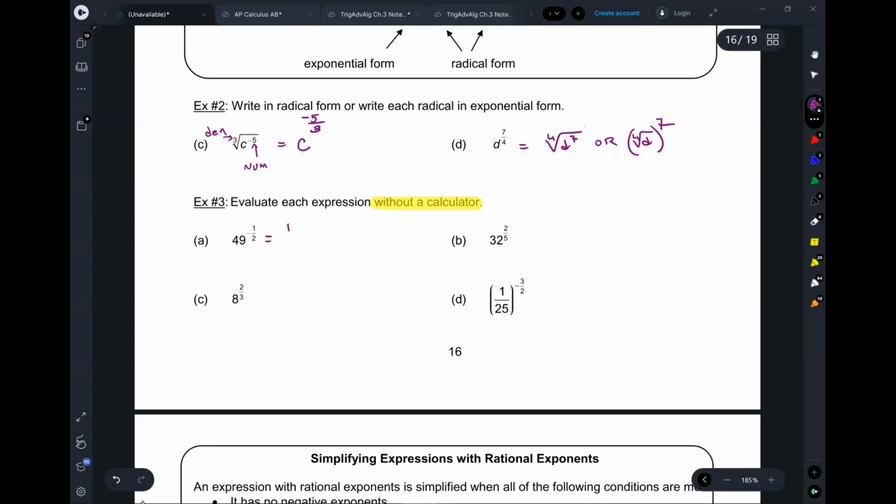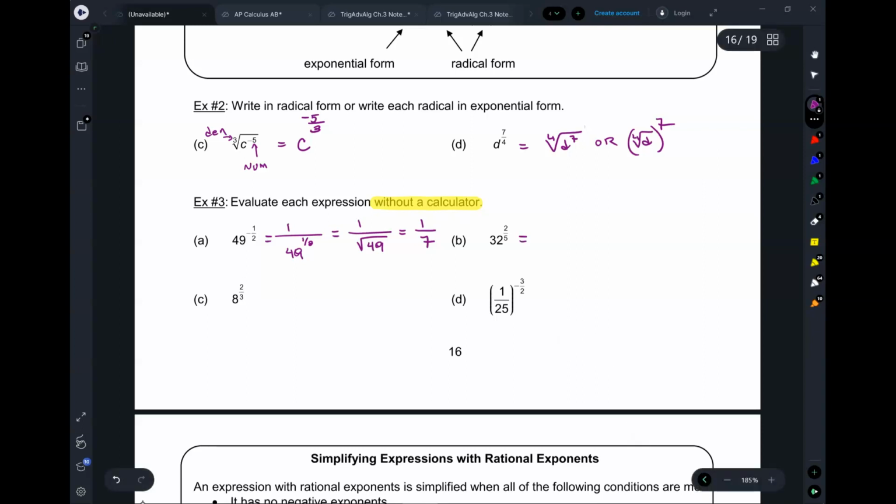So this is gonna be 1 over 49 to the half, which is the same as 1 over the square root of 49, which is 1 over 7. Okay? So remember, this is exactly what we did over here. Okay?